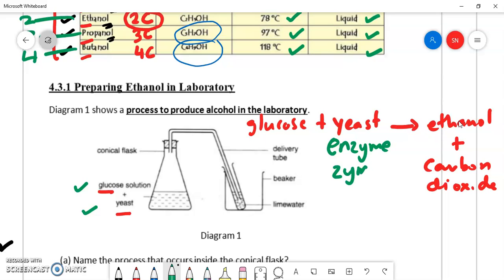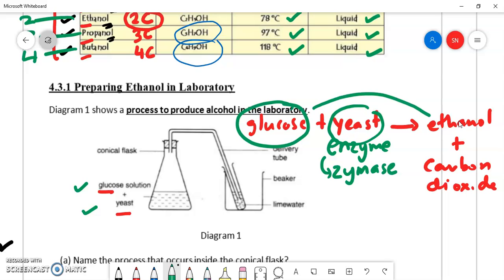Zymase is a chemical produced by the microorganism, which is yeast. This enzyme helps the process of converting glucose into ethanol. So you need yeast to do this conversion from glucose to ethanol.